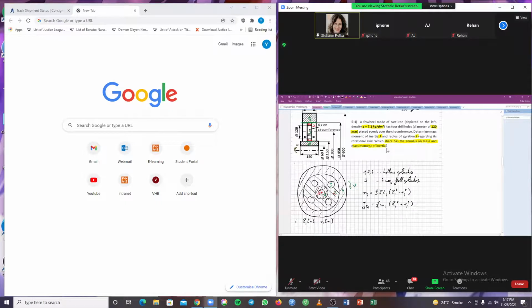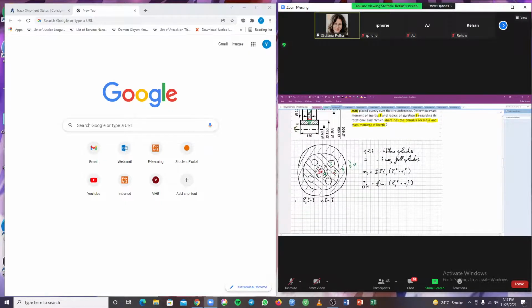And what else? The length. Then we can compute the mass according to the formula given above. Then we can find the mass moment of inertia of our subsystem.